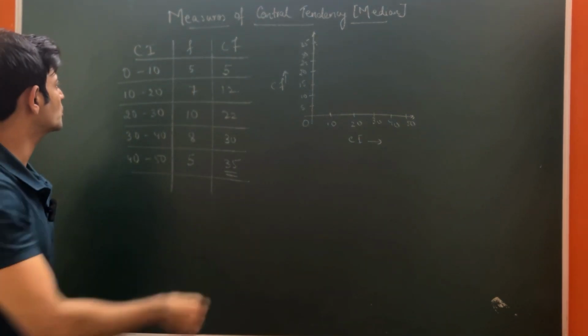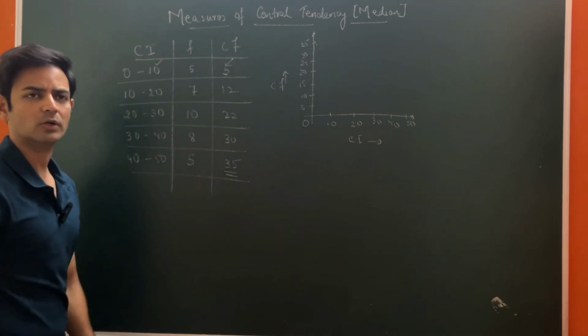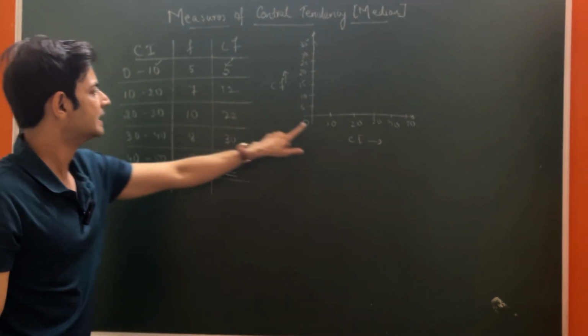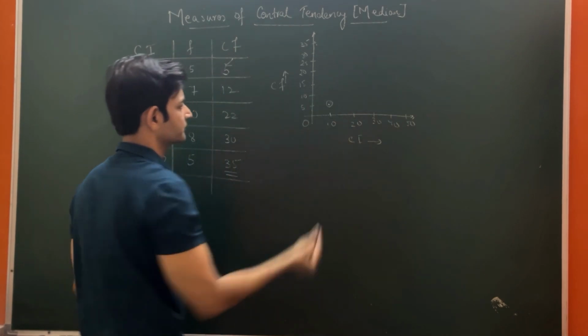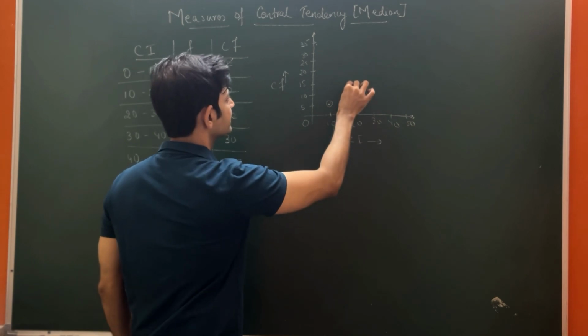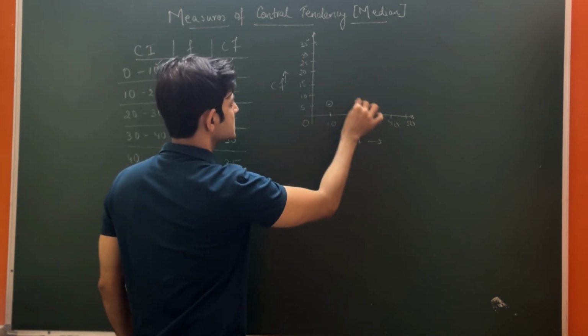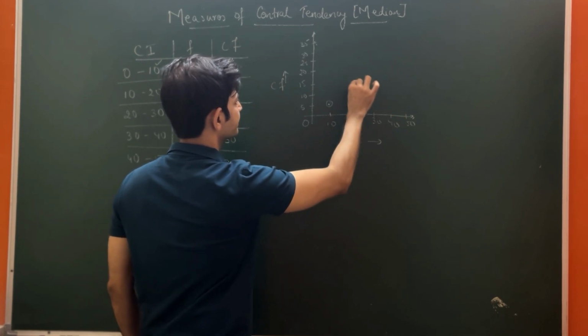You have to use the upper limit and the cumulative frequency. So at 10 we have 5. At 20 we have 12, so 12 should be somewhere here.